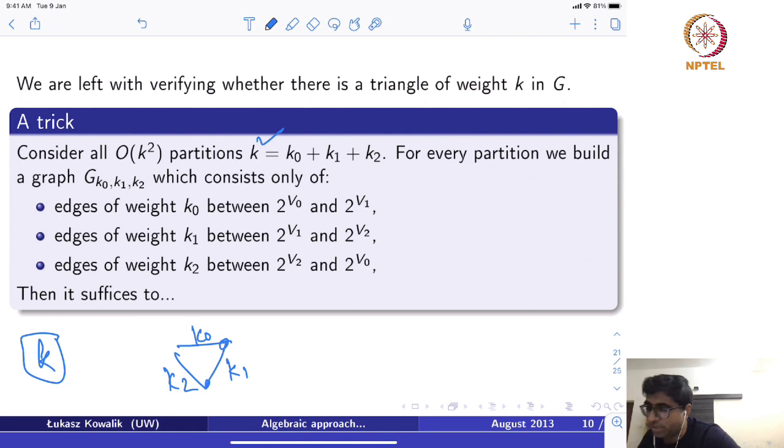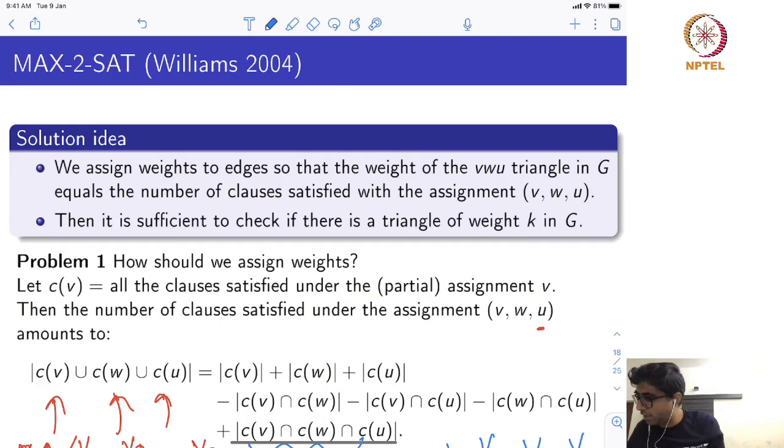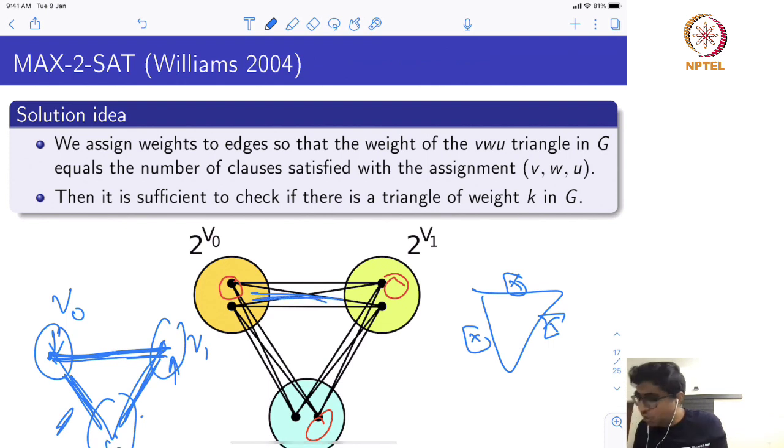So for every partition, you build the graph G(k0, k1, k2), which consists only of what property? Edges of weight k0 between this. So now I say, look, I am only interested in finding a triangle which contains an edge of weight k0 between V0 and V1, the weight of an edge between V1 and V2 is k1, and the weight of an edge between a vertex in V2 and V0 is k2. So what you do? You look at your big graph, and from here you delete all the edges whose value is not equal to k0.